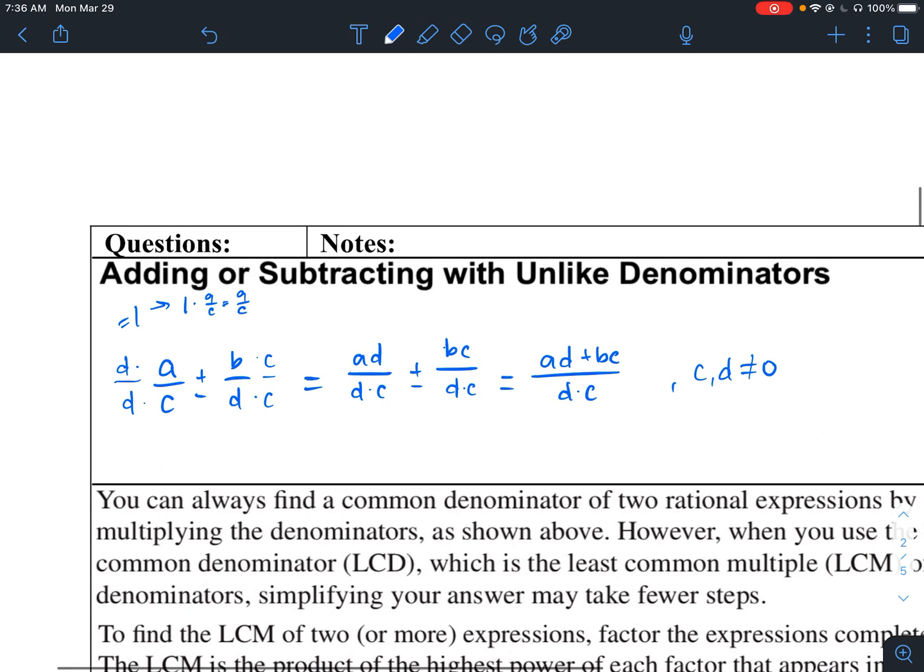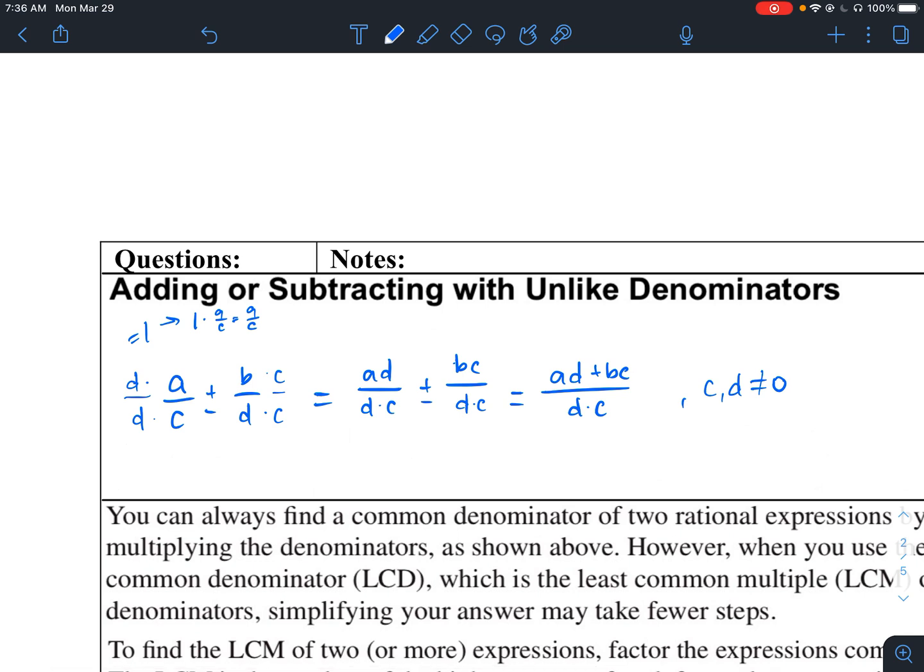So an example of where something like this would be useful is say that you have 2 divided by 5 plus 1 divided by 3 as an example. So to get a common denominator, well, I can multiply this side by 3 divided by 3 and this side by 5 divided by 5.